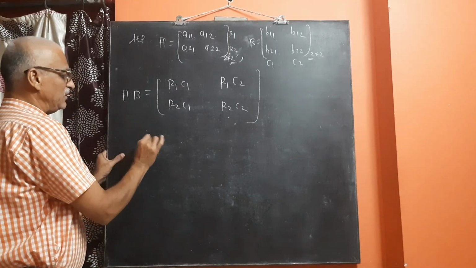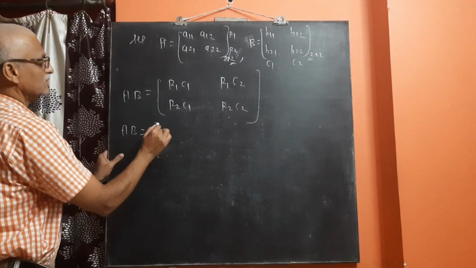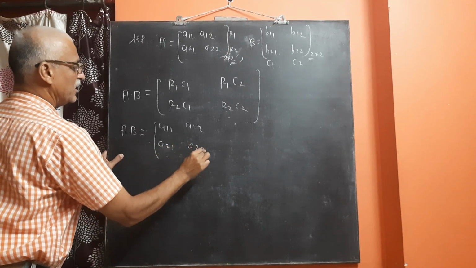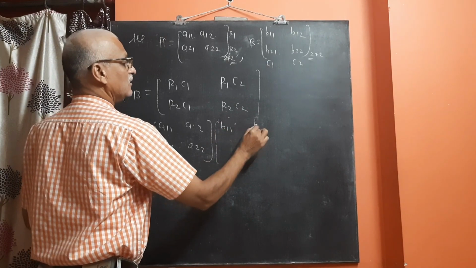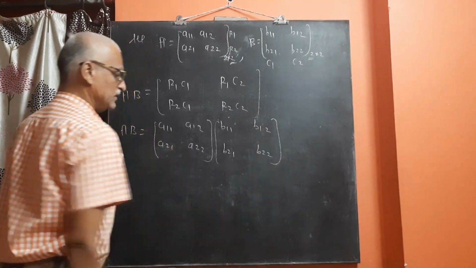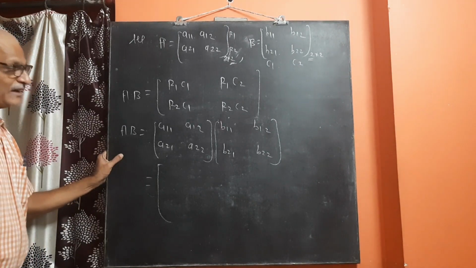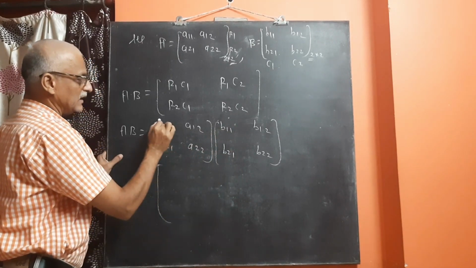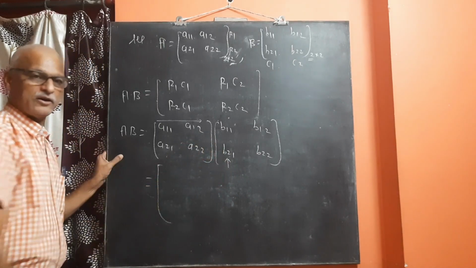Now the actual multiplication: see here, I write A into B is equal to the matrix of A11, A12, A21, A22 into B11, B12, B21, B22 is equal to the matrix of. Now the actual multiplication is first row into first column. This row into first column I mark with the arrow.